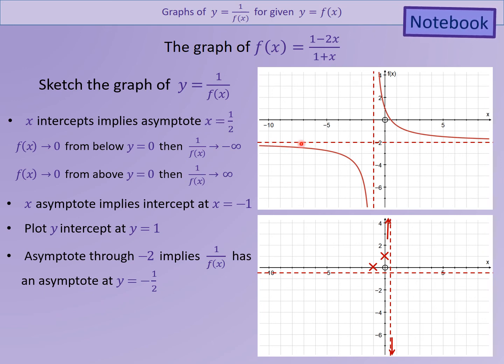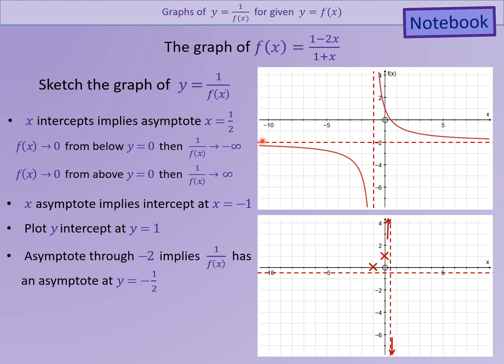And if I want to find out where that new asymptote goes to, it's the same rule for finding y-intercepts. It crosses at minus 2, so 1 over that minus 2 would go to minus a half. Right, these values just here are minus 2, so 1 over it is going to go to minus a half.